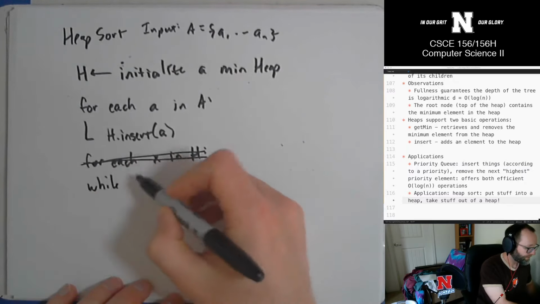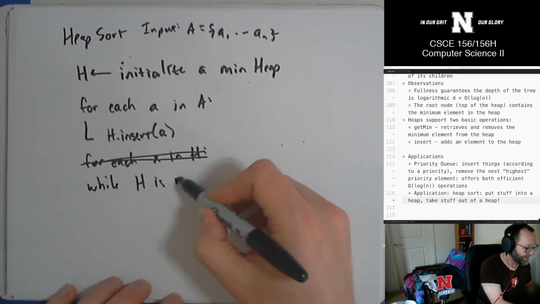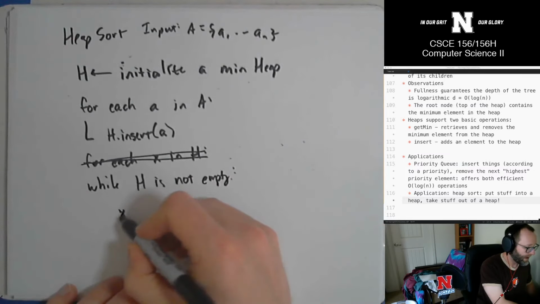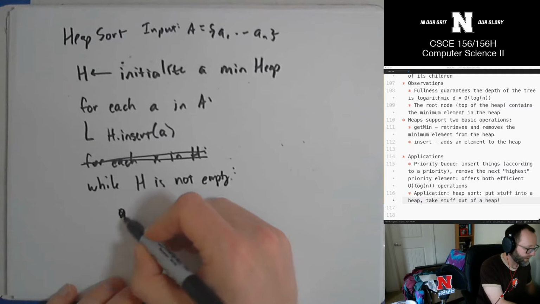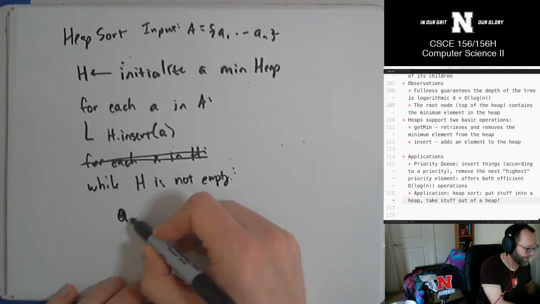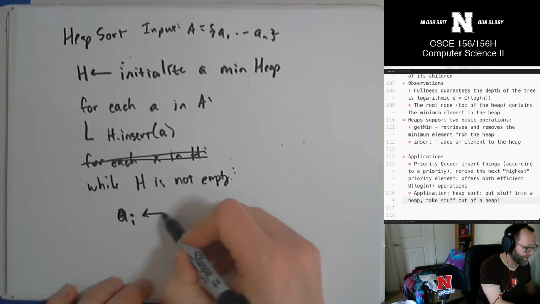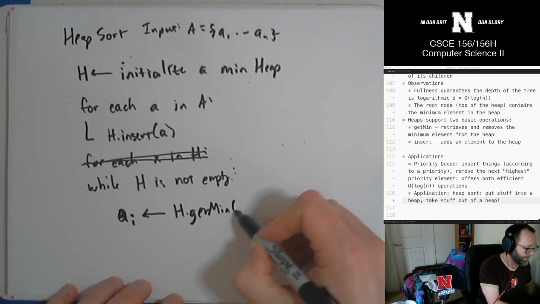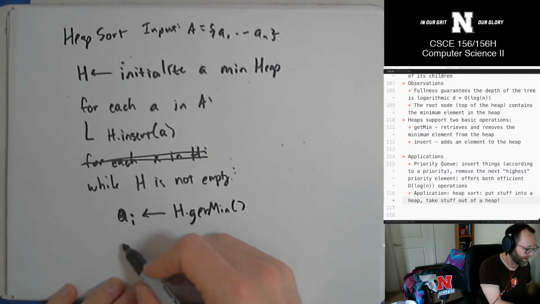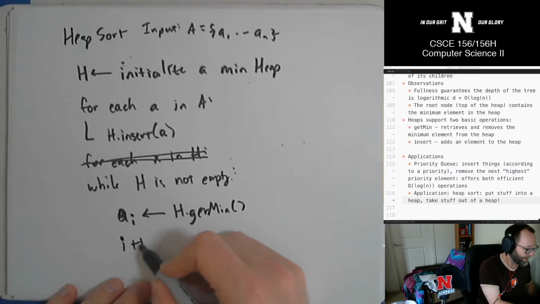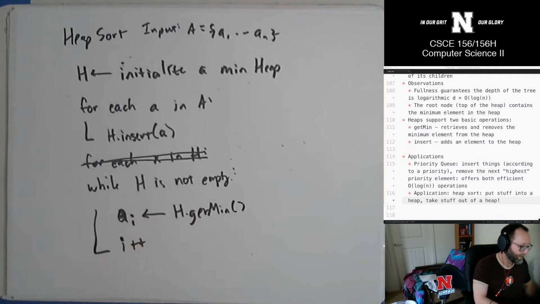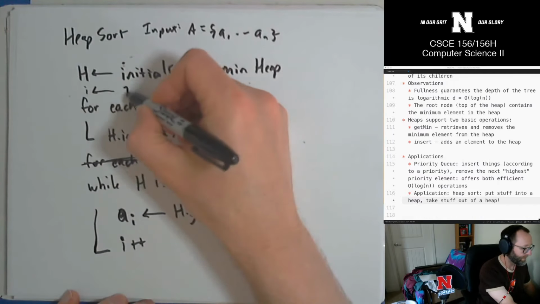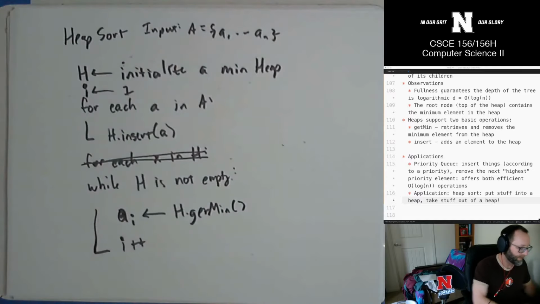While H is not empty, we can go ahead and get X. Actually, I'll just call it I, A sub I will be H dot get min. Right. And then I'll increment an I here, my index variable. We can initialize it up here to be 1. Right. There we go.